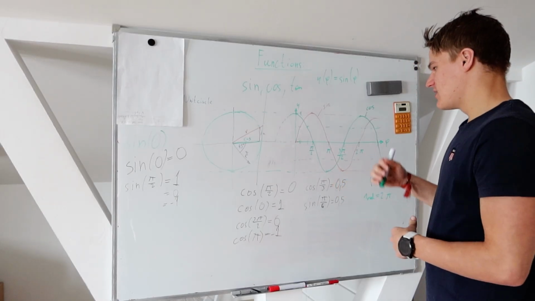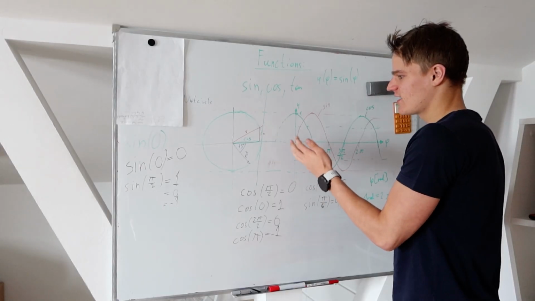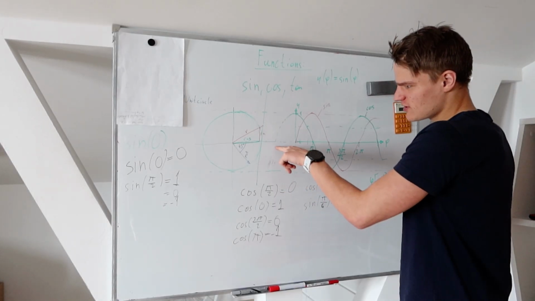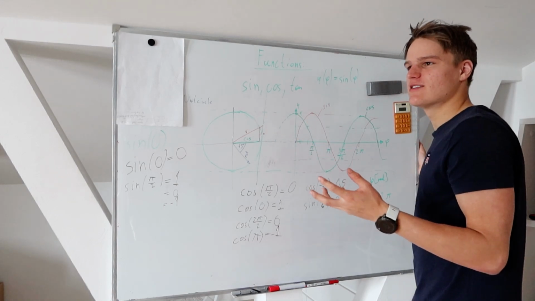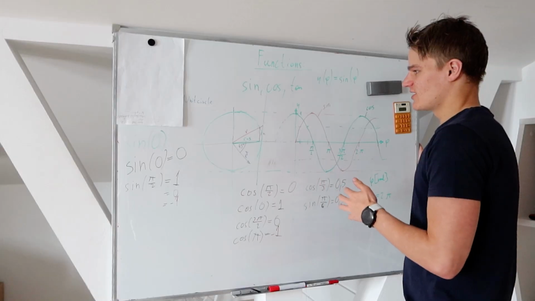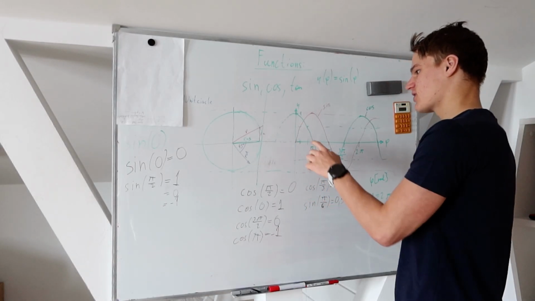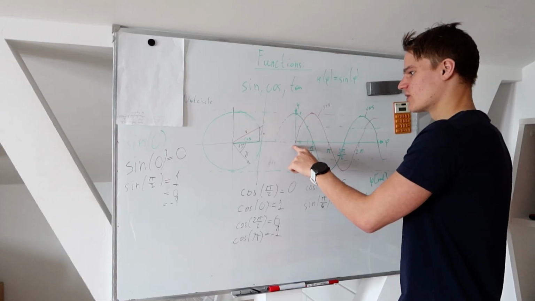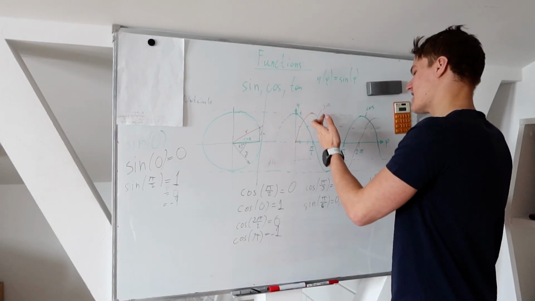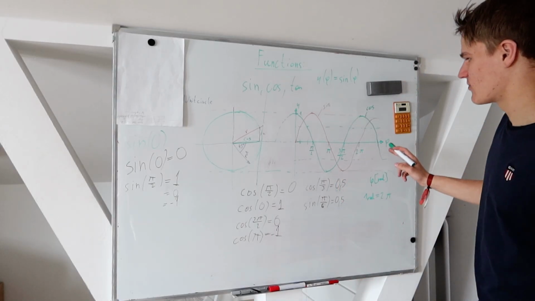So they are actually the same function, but the sine starts later, and in this case cosine started here. It really depends on how you define it. But what I want you guys to understand is that sine and cosine are actually the same function. Only the starting point is different, right? Cosine starts at 1, sine starts at 0. But other than that, it looks the same.